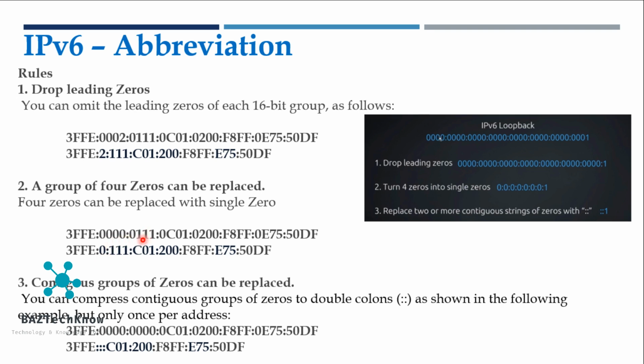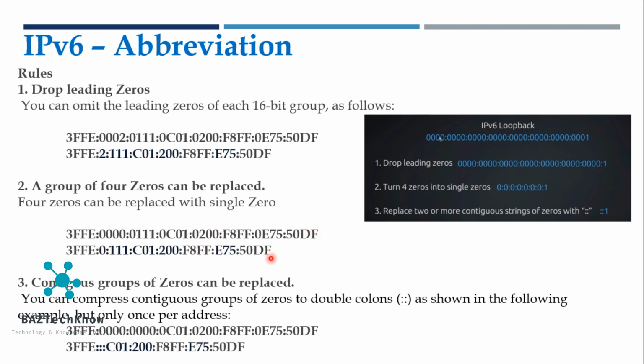And in the second part, I remove the leading zero from 0111 and write 111 only. So in this example, both rules are applicable. So you can see the long string of IPv6 is shortened to this extent. I know it's still very long, but maybe it's shortened by 20%.